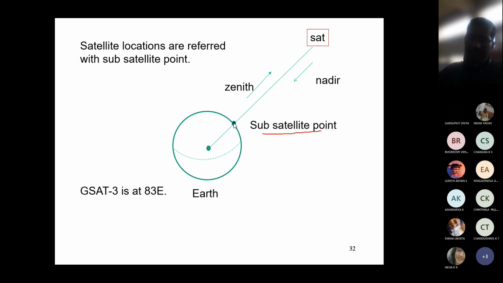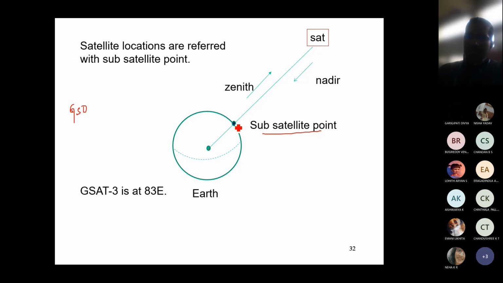So if the satellite is a GEO satellite, a geostationary or geosynchronous satellite, let me write over here. If the satellite is a geosynchronous satellite, listen carefully, that means it is located here.